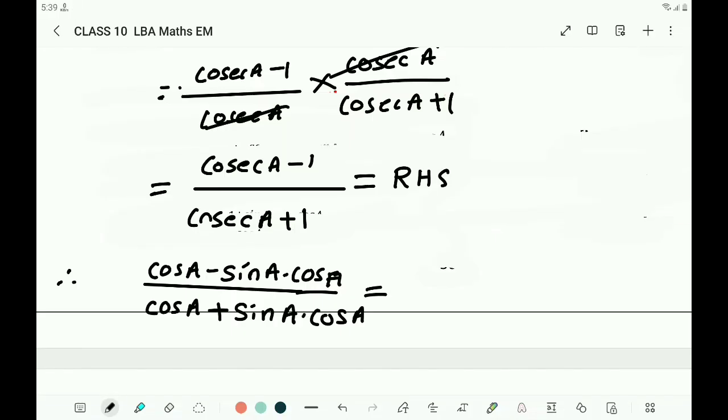Therefore, cos A minus sin A into cos A by cos A plus sin A into cos A is equals to what? Cosec A minus 1 by cosec A plus 1.